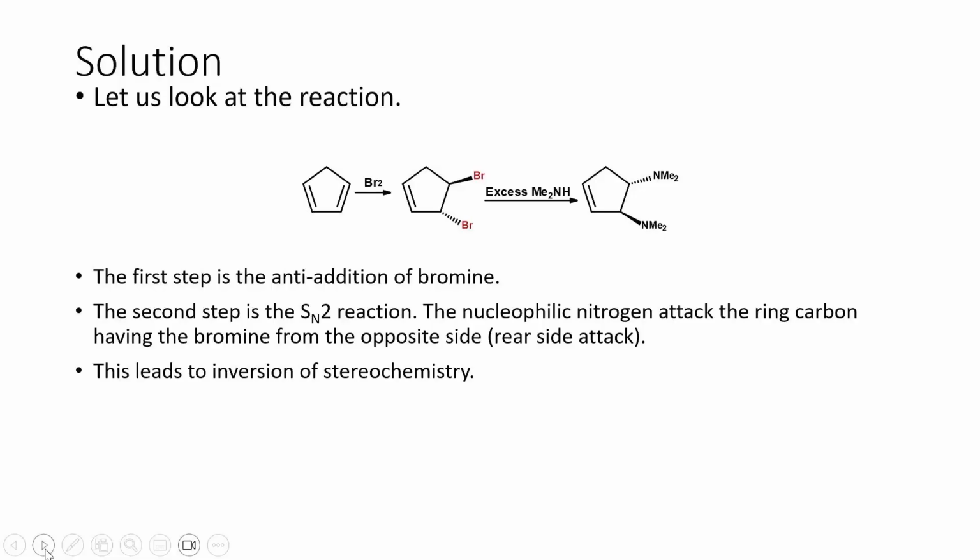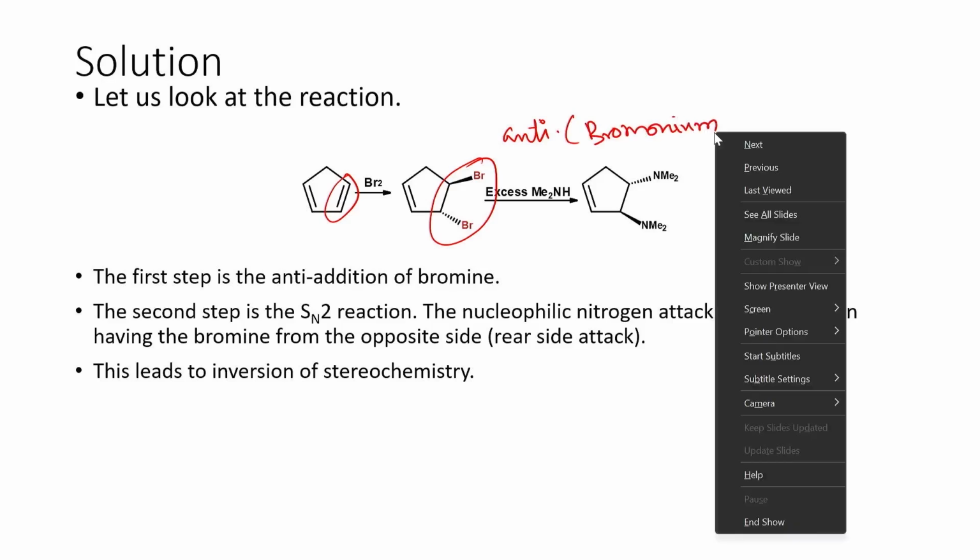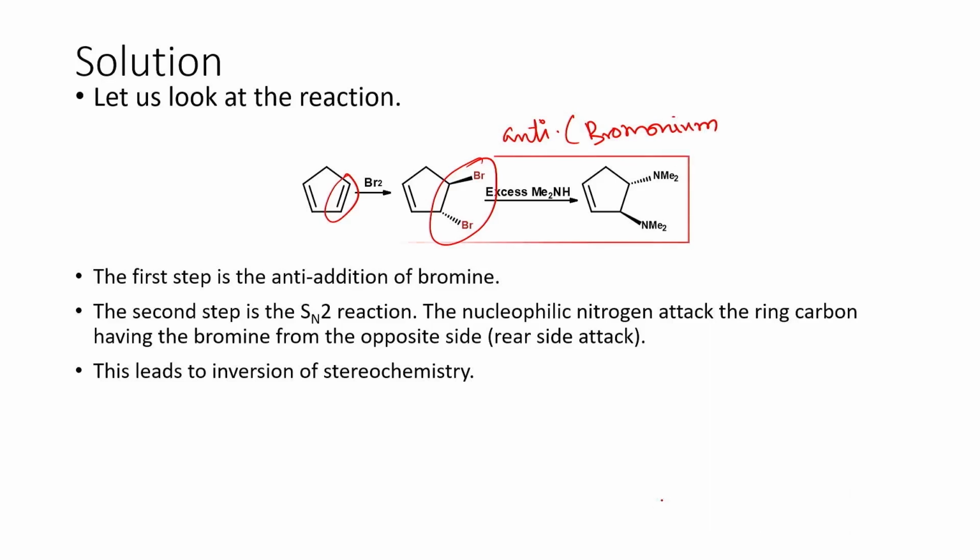So now let us look at how the reaction actually proceeds, taking one of the double bonds that is brominated. We end up with the anti-addition, because as we have discussed, the bromine addition always takes place as an anti-addition, since the intermediate involved is the bromonium ion, which is a cyclic bromonium ion.